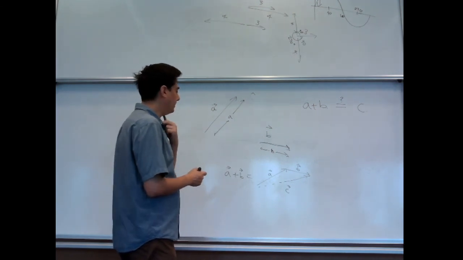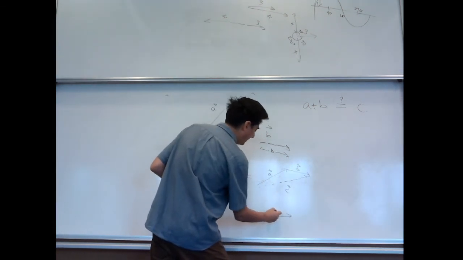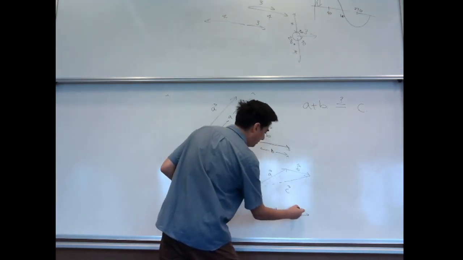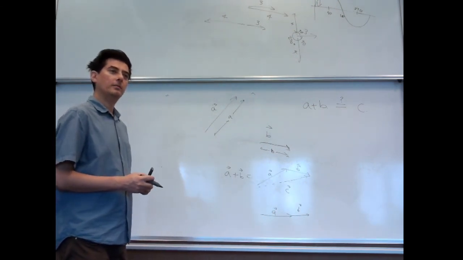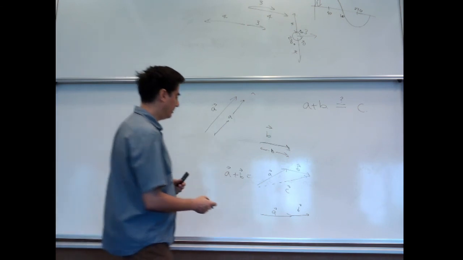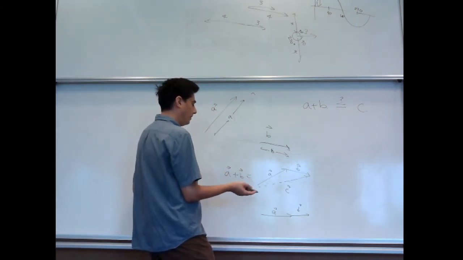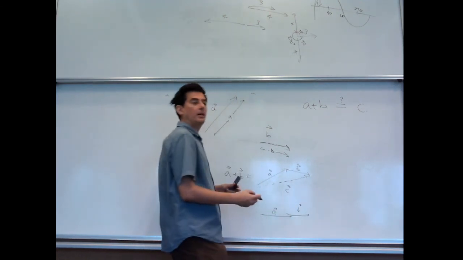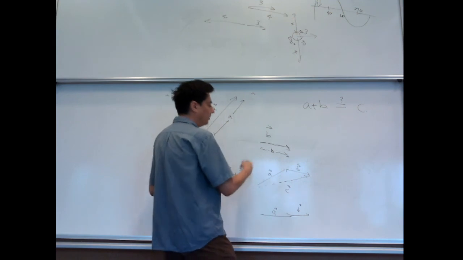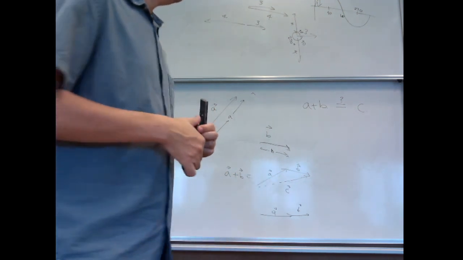If it's the same direction, then A and B will be like this, and it will be equal, yes? So that's when the sum of the magnitudes will be equal to the magnitude of the sum. Okay. All right.